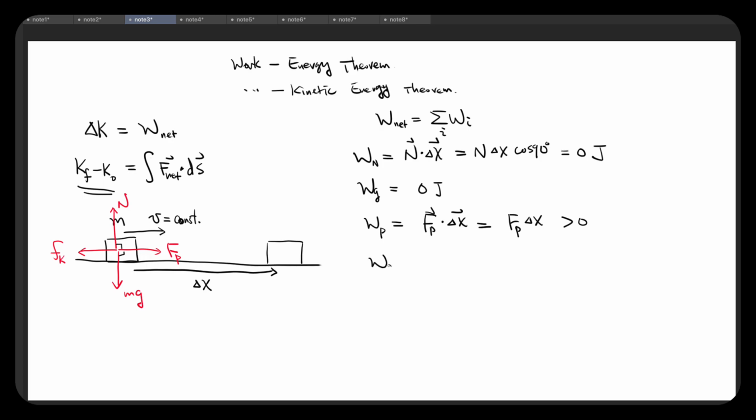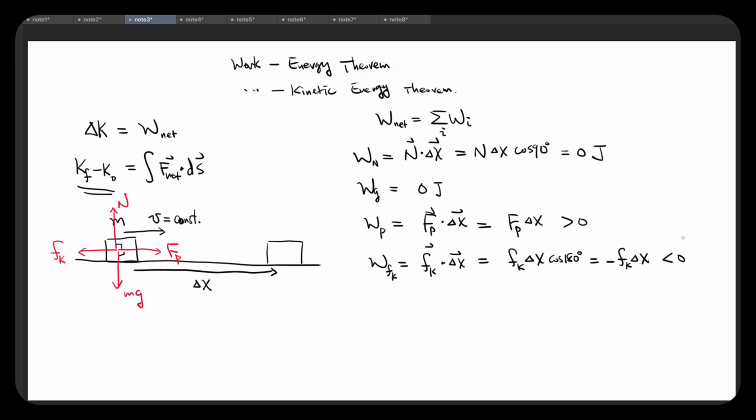Now the work done by Fk equals Fk dot product delta x, so Fk magnitude times delta x magnitude times cosine 180 degrees, and cosine 180 degrees equals -1, so we get negative Fk times delta x, and that's negative.